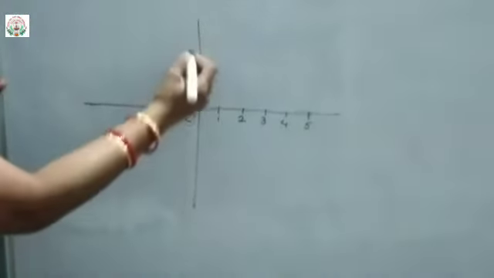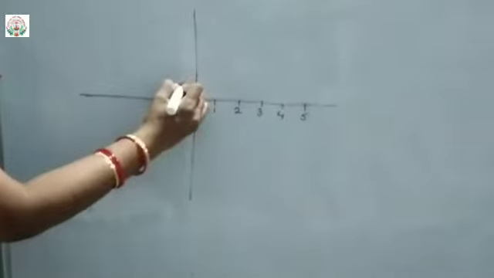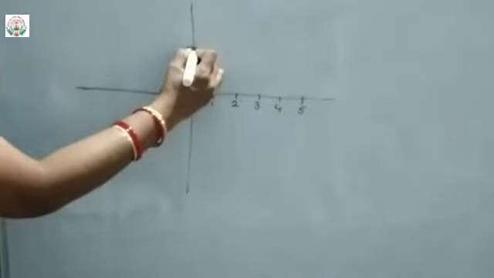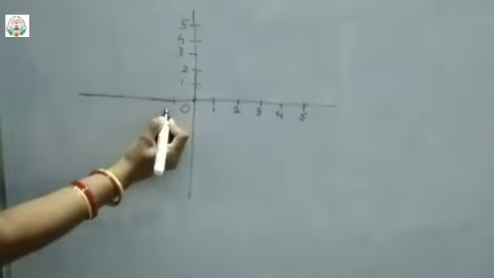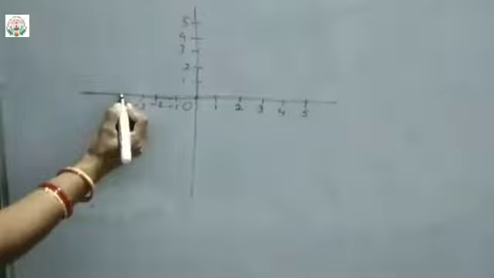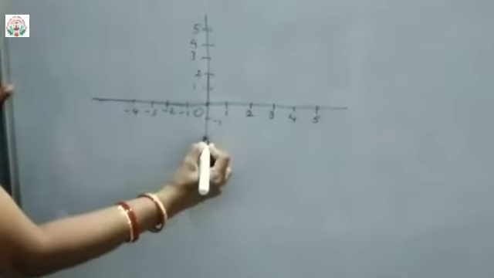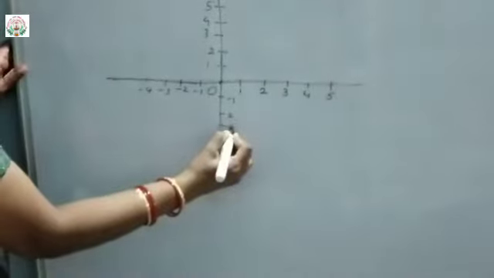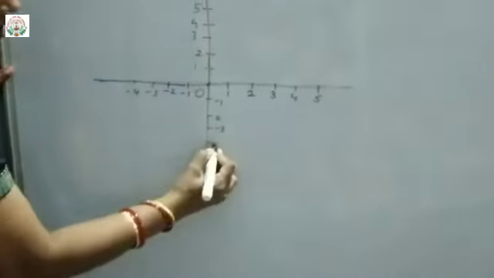Same way on the top of y-axis also we will have positive values: 1, 2, 3, 4, 5. This time we have negative values on both sides, so we will take minus 1, minus 2, minus 3, minus 4. Again this minus 1, minus 2, minus 3 and so on.